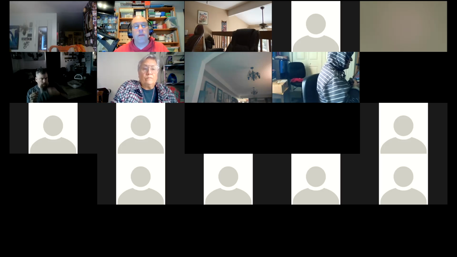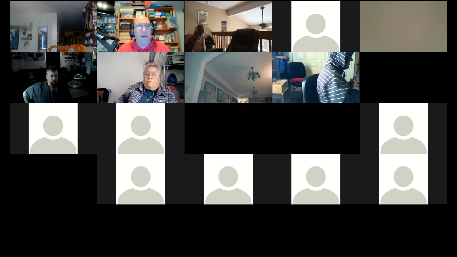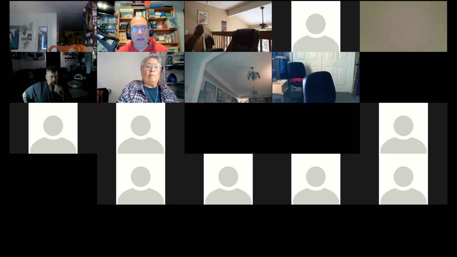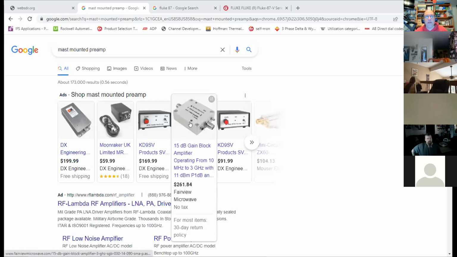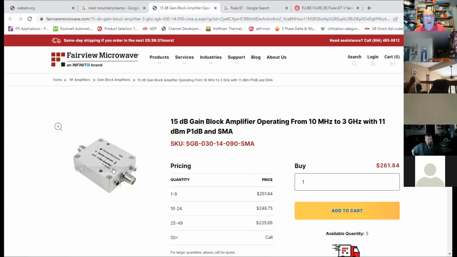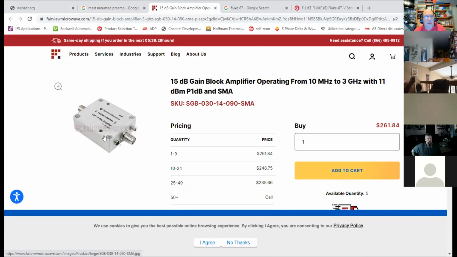Yeah. So it would be called a mast mounted preamplifier, and it would look like, let me see if I can find a picture. Here we go. A mast mounted preamp. Notice what you see right here, that this is basically a weatherproof case, weatherproof connectors.